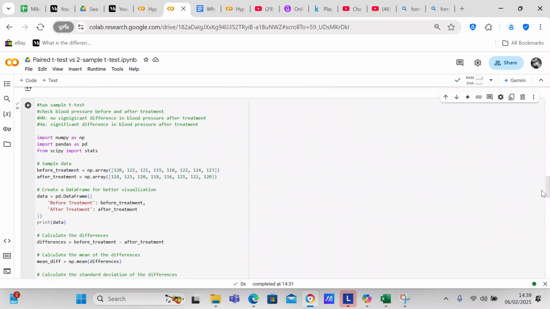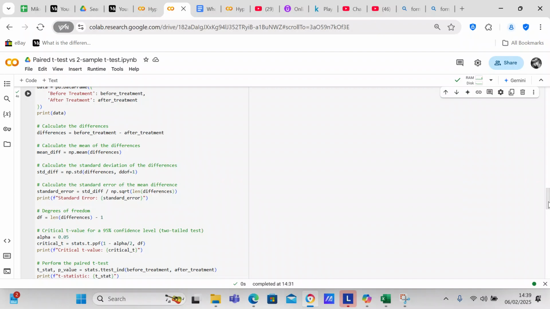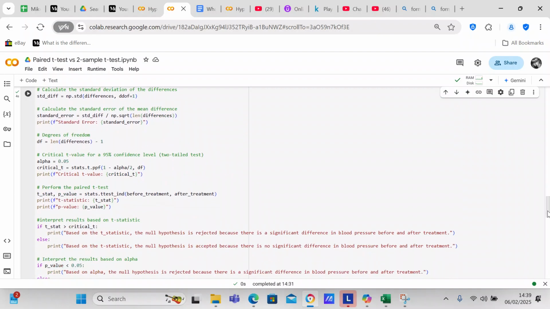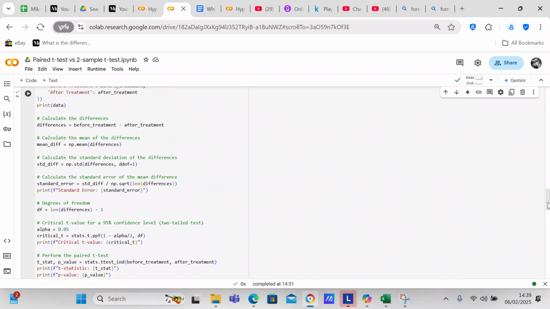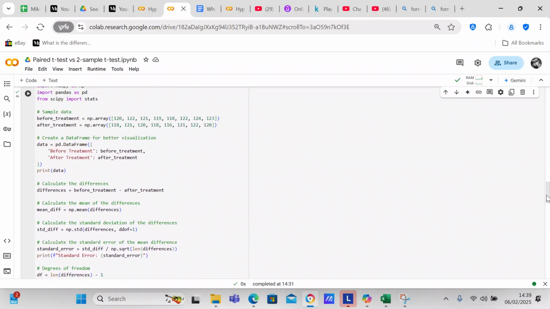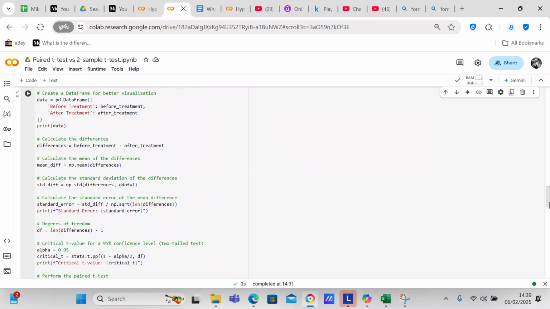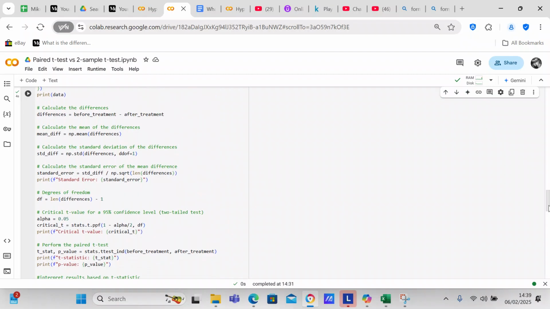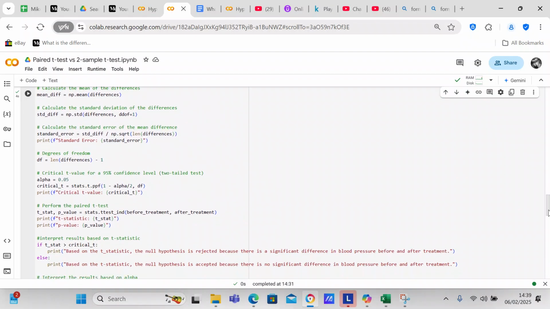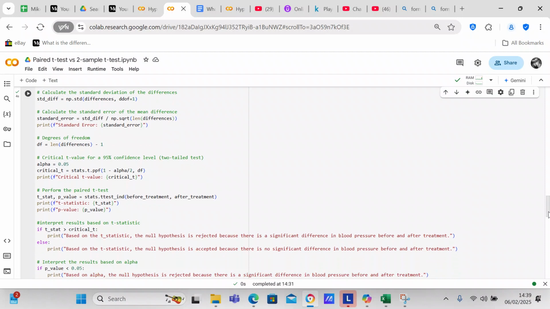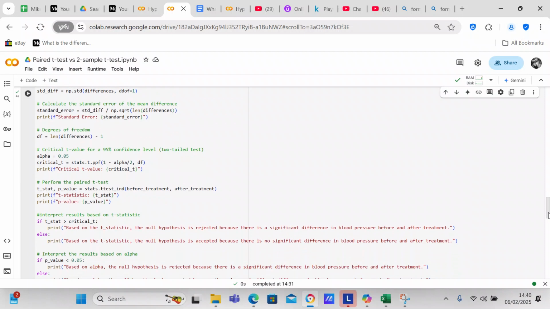So now we're going to use the exact same data, but we're going to use it for a two-sample t-test instead of a paired t-test. So we're going to calculate everything. We've got the same data and the same data frame, the same differences, the same mean of the differences, the same standard deviation, the same standard error.